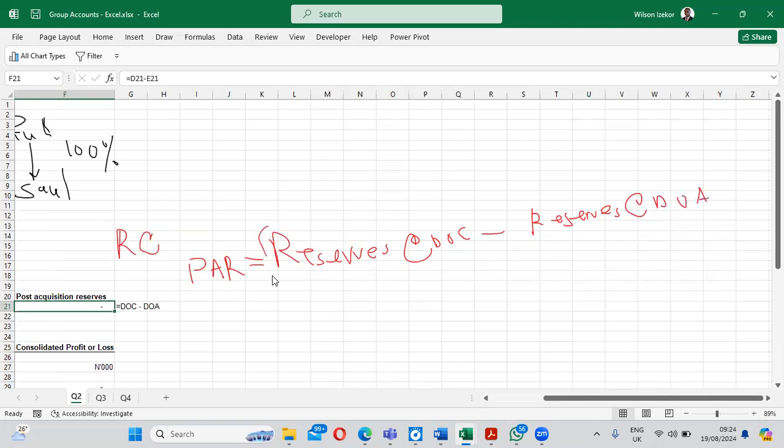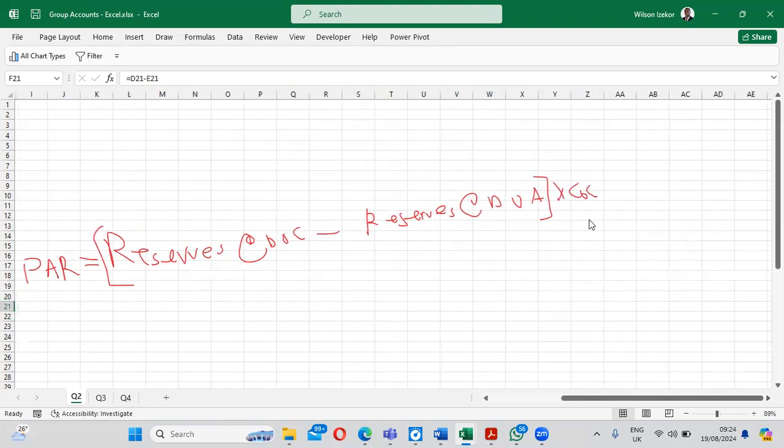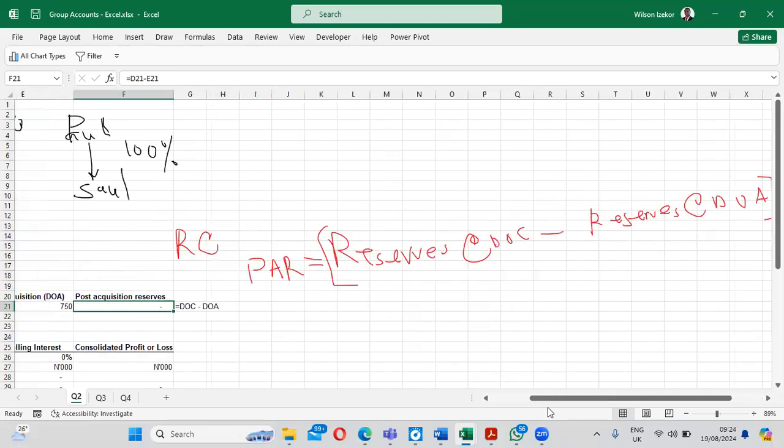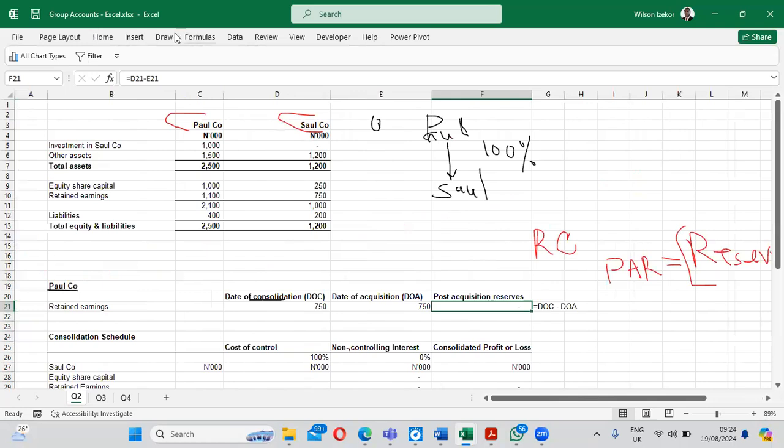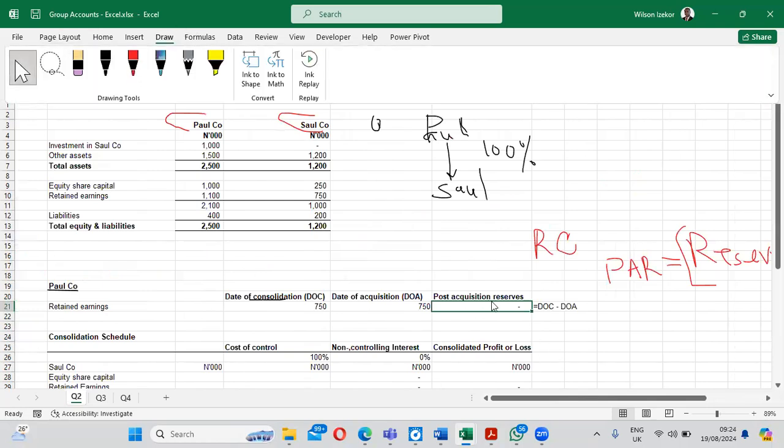So once you do this, of course, you put it in a bracket and then you multiply it by the cost of control percentage. The cost of control percentage is the percentage ownership of the parent company in the subsidiary company. So that needs to be done here.